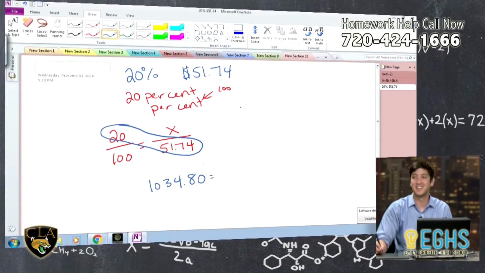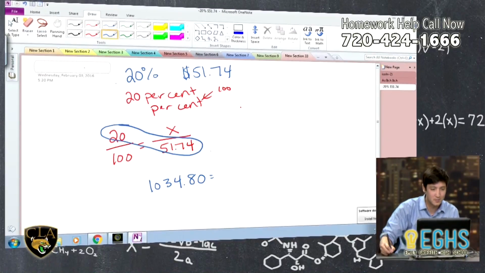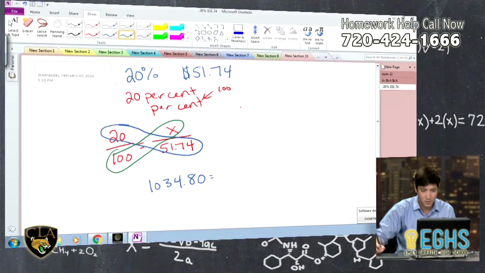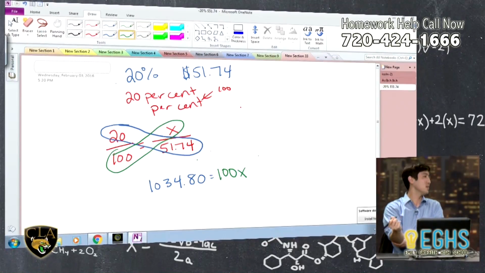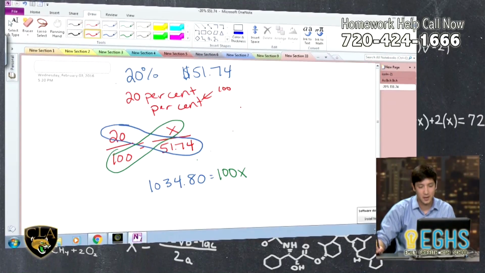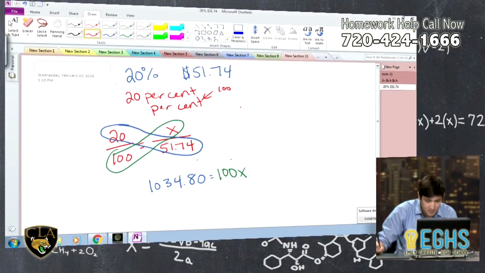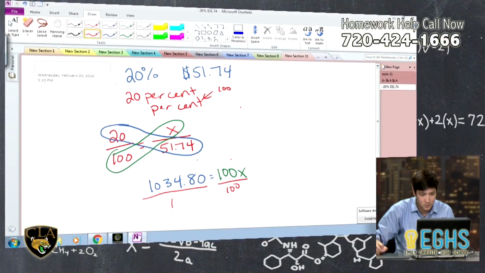Technology. So all I did here is I cross multiplied and said 20 times 51.74, and that's going to equal 100x, because hopefully you're not leaving a $1,000 tip. Well, hopefully for you, not the server. And then all you're doing is solving this algebraically. I'm solving for x, divide by 100 and divide by 100.